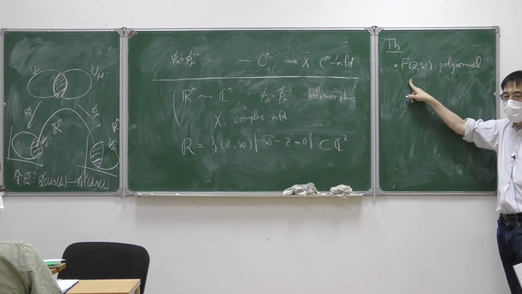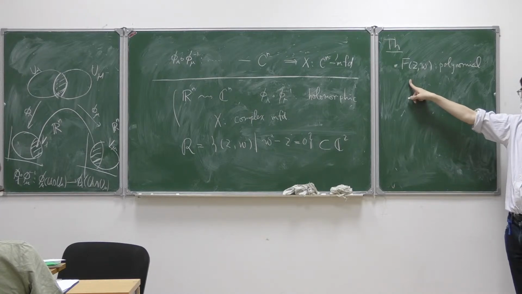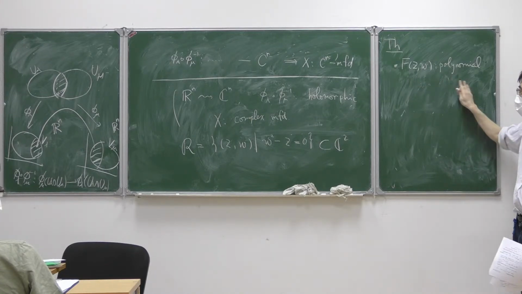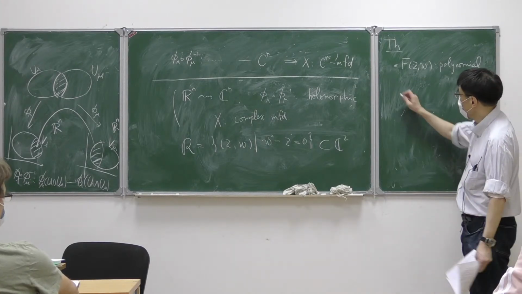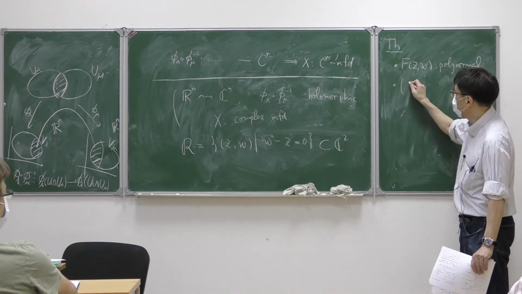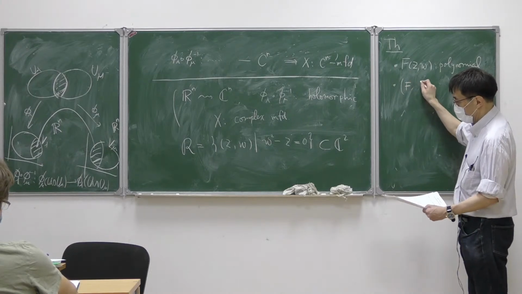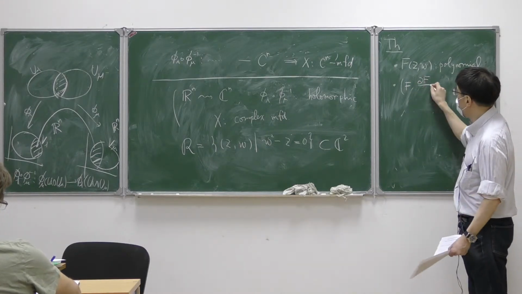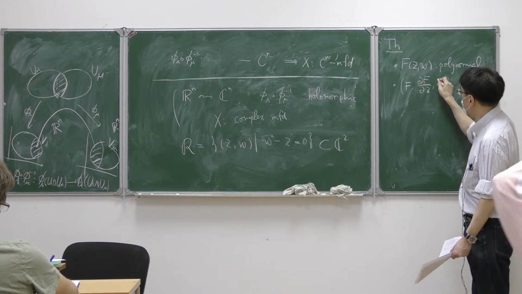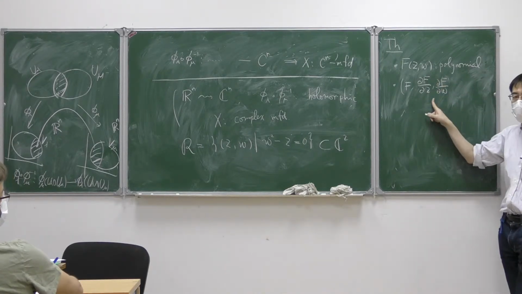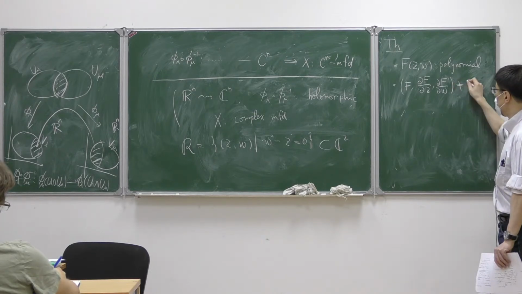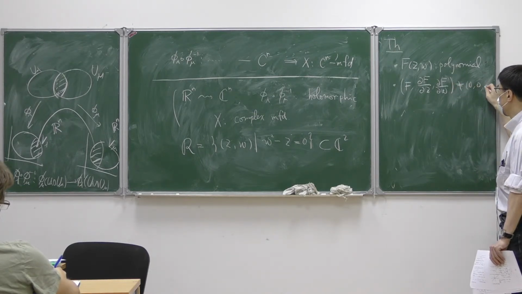Well, actually, f can be a holomorphic function, but what we use is just polynomial. And let's assume that f and its derivatives do not vanish simultaneously.